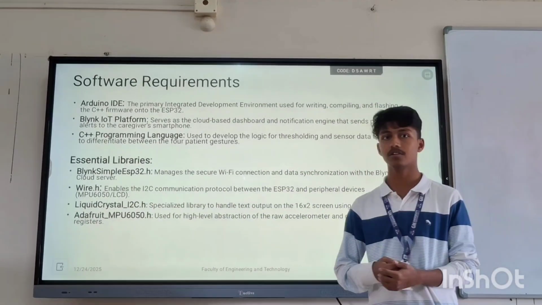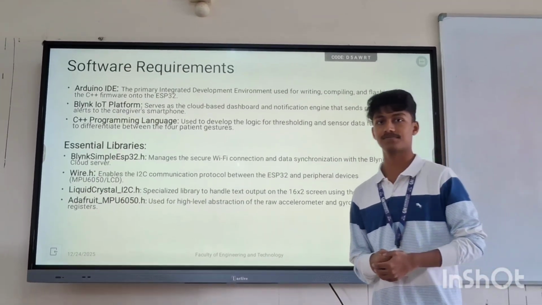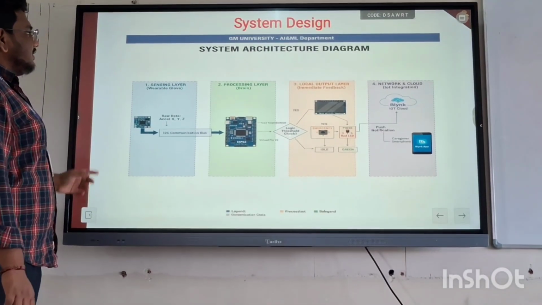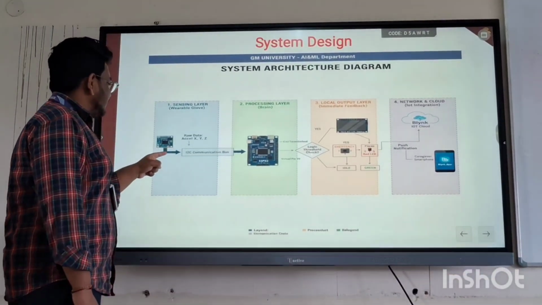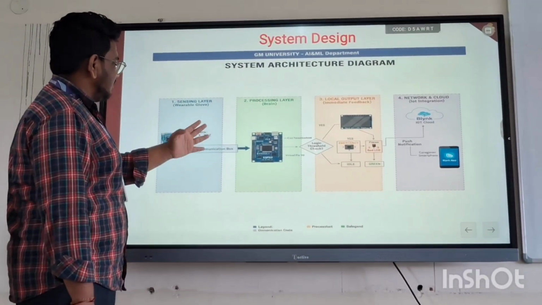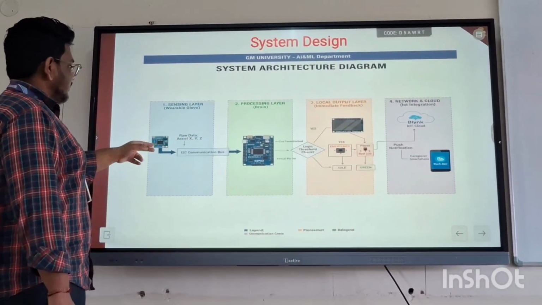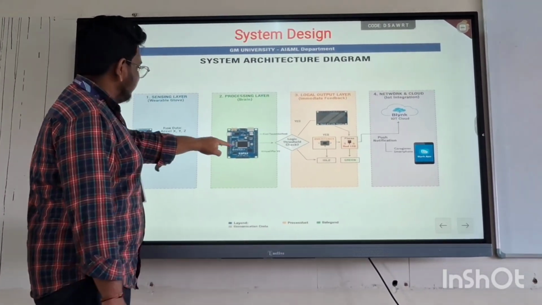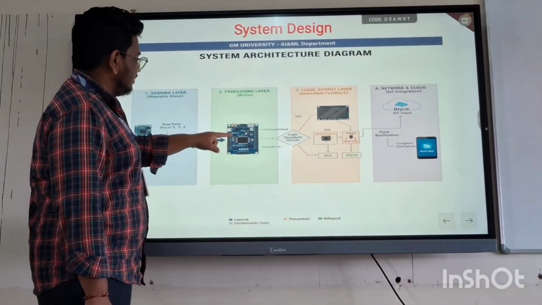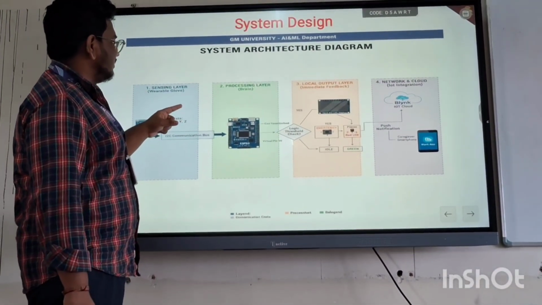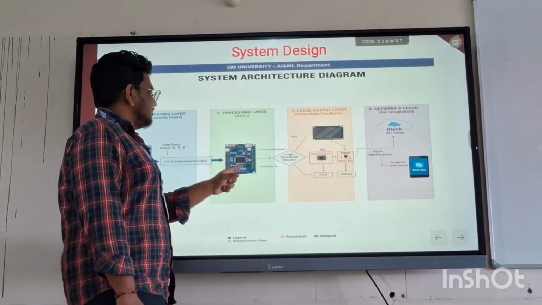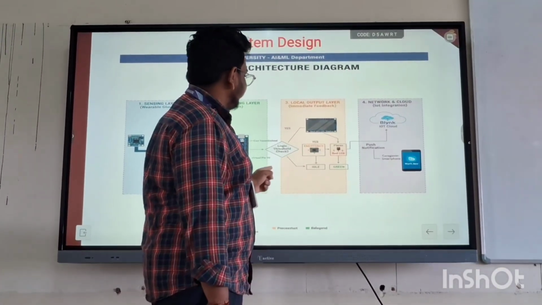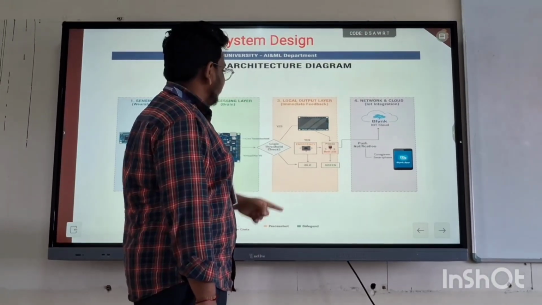Thank you. Next will be continued by the next speaker. Thank you, Bhuvan. Now the system architecture and diagram. As the main sensor, we use the MPU6050, which converts physical data into digital data, which goes to the controller, that is ESP32, the brain of our project, which processes it, and the respective message will be displayed on the LCD, which is I2C integrated.